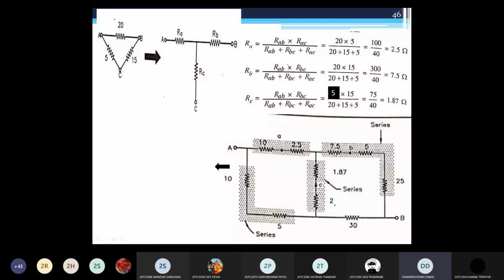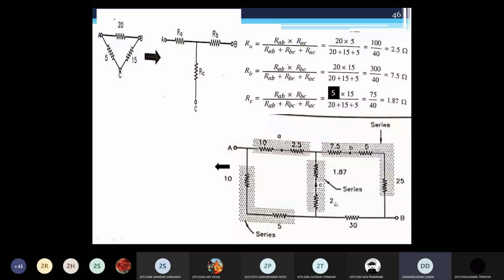In the same way, this RC 1.87 is connected in series with this 2 ohm. Both are in series here: 10 plus 2.5 becomes 12.5. 7.5 in series with 5 is again 12.5. And this 1.87 in series with 2 is 3.87.